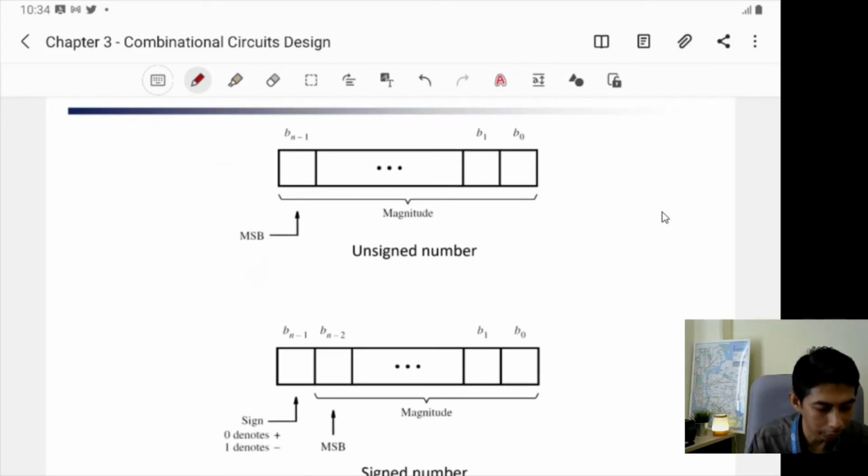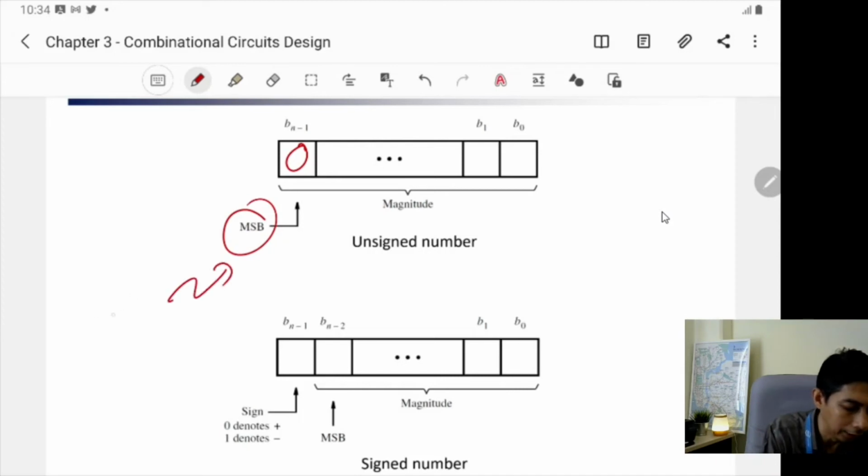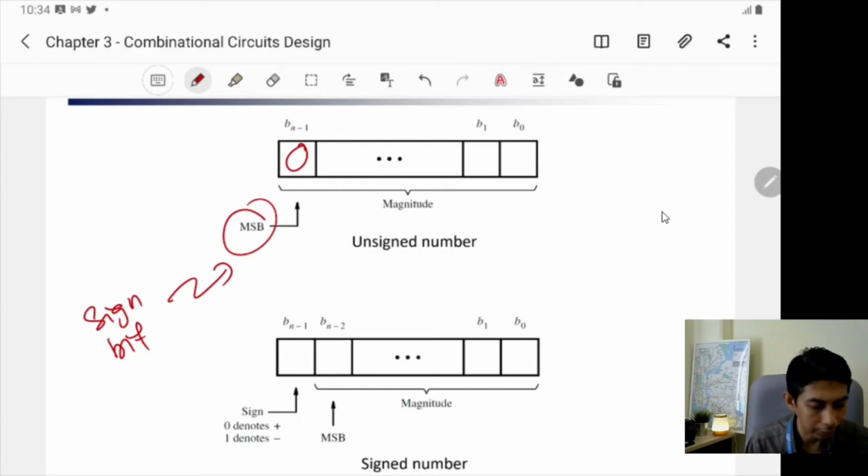To represent a negative number, we look at the MSB, and the value of the MSB must be equal to 1 to represent a negative number, and for a positive number, the MSB should be 0. The MSB is used for what we call the sign bit, and the rest is the magnitude.